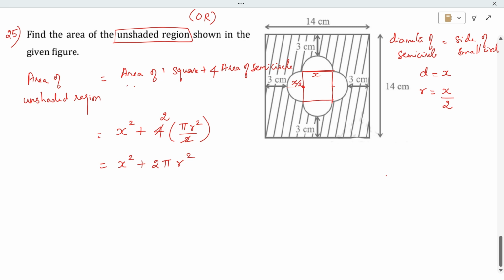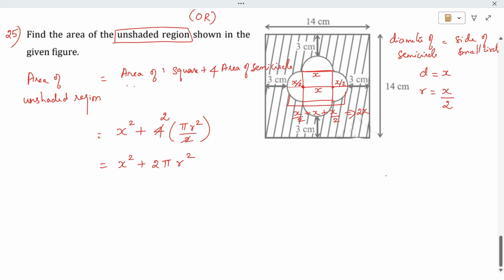Okay, and for this square, the side length is x, so from here to here it is x, isn't it? Again, from the center to the semicircle is radius, so it is x by 2. So if I add all this length, I will get x by 2 plus x by 2, which is x, so I will get 2x, isn't it?